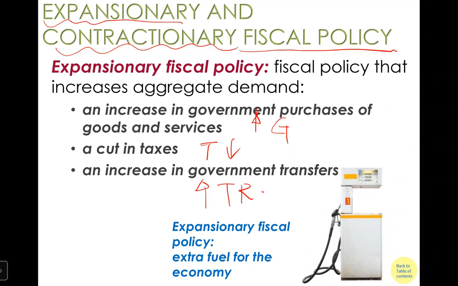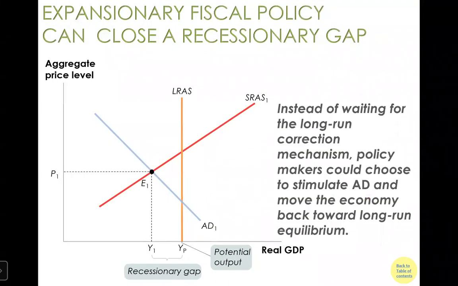right? So now let's see how that achieves that goal, and at the same time we will understand why the government wants to take expansionary fiscal policy. So we are here.